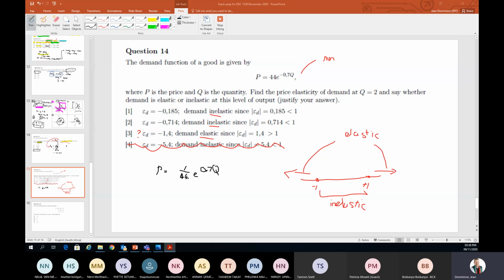Let's quickly see if I can get elasticity. Okay, next. Okay, so it was part of a differentiation.